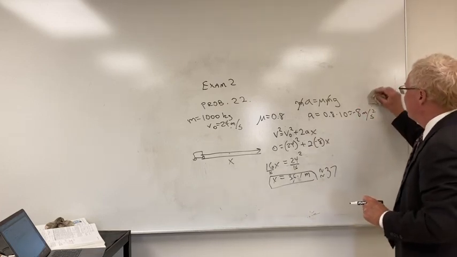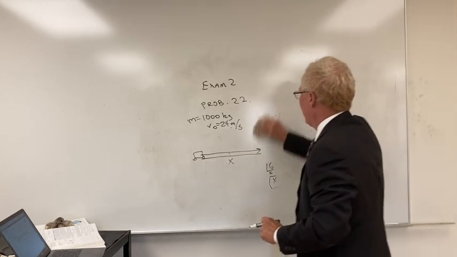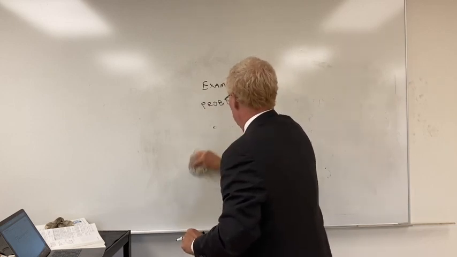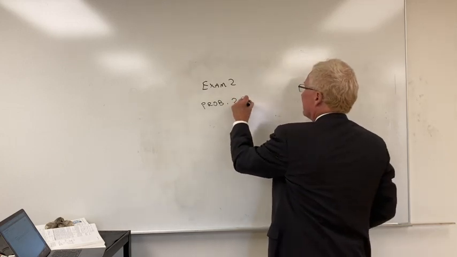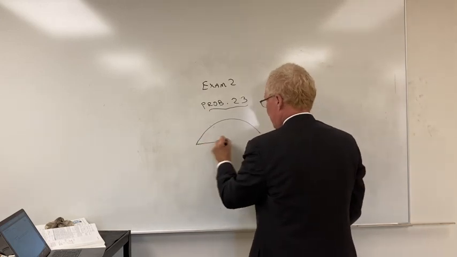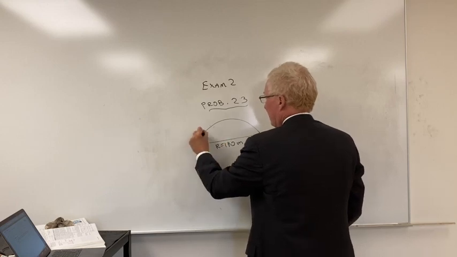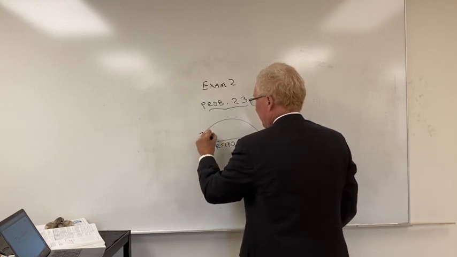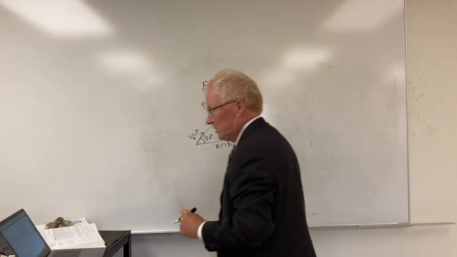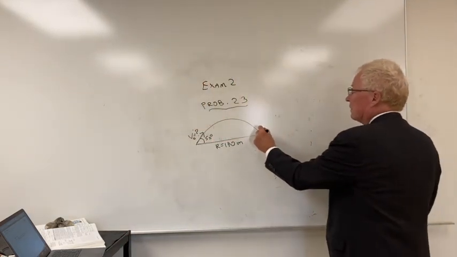Problem 23. Final problem. Okay, this is a range problem. It goes, R is 110 meters, is shot at an angle of 50 degrees, and the question is, how fast is it actually shot to go that far, all right?